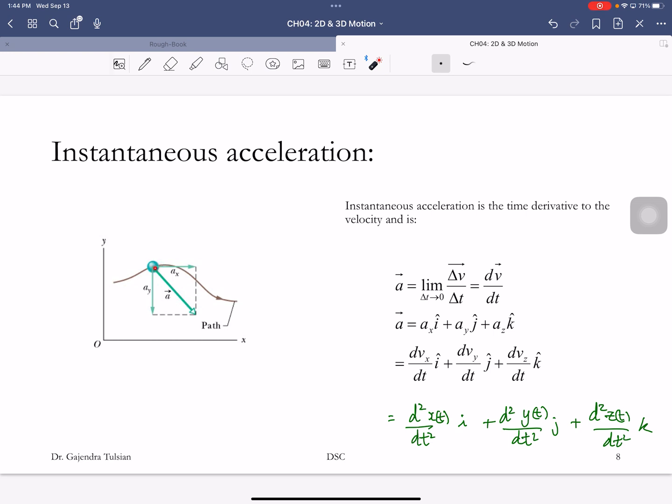And there will be a component that's perpendicular to the path, and that acceleration arises from the change in direction. Okay. So right now, you have an acceleration that is arising due to change in speed and change in direction. This is not exactly parallel tangent to the path, but that's how it should be drawn. Okay?